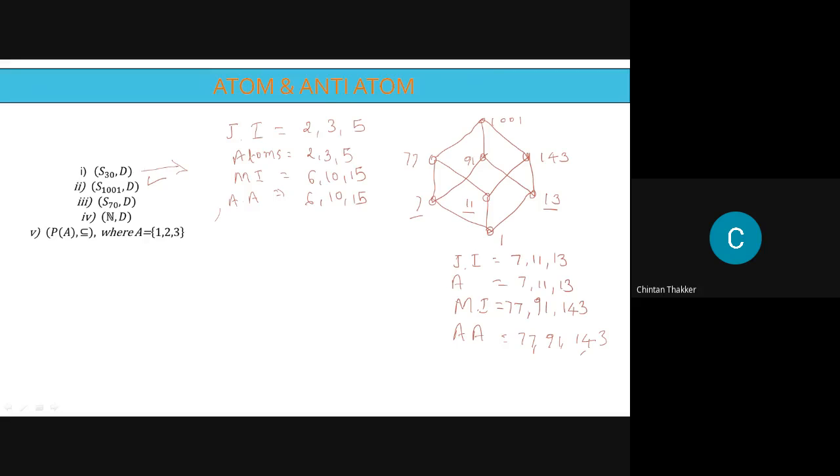So here you have to make again the Hasse diagram of S70. These are the elements of S70.